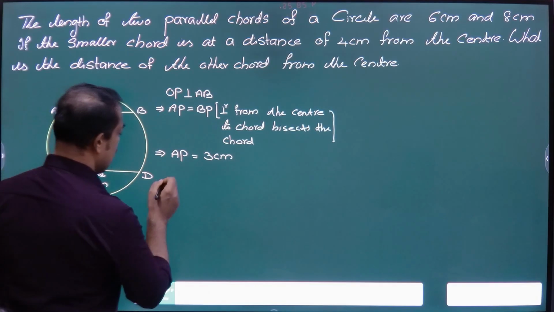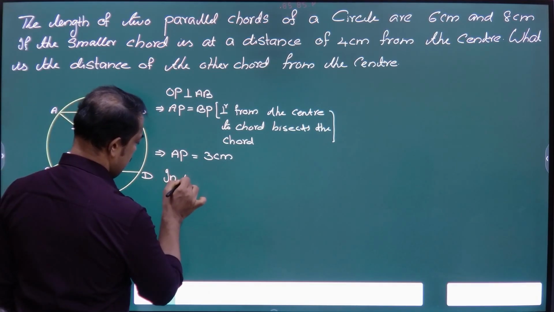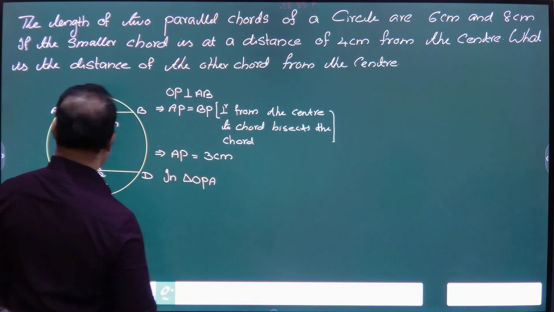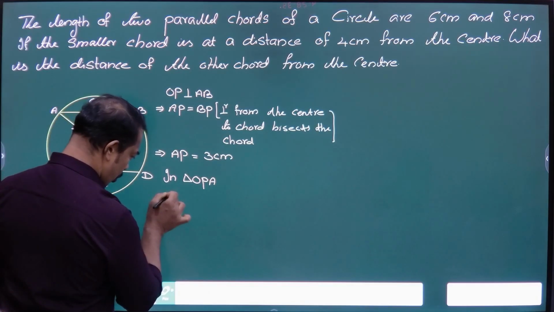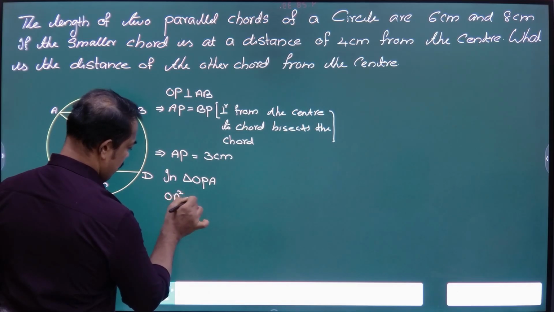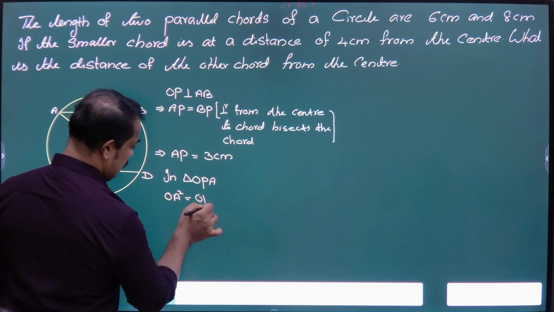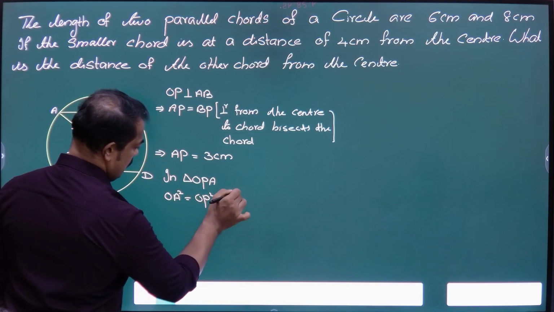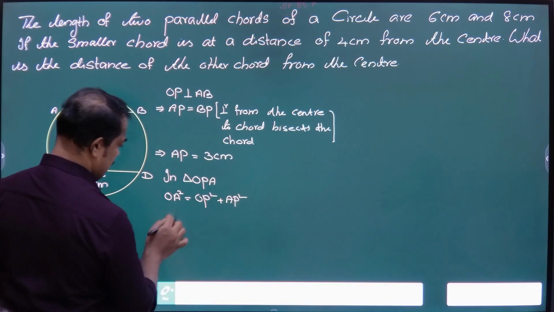So in triangle OPA, apply Pythagoras theorem. OA square equal to OP square plus AP square. Substitute the value.